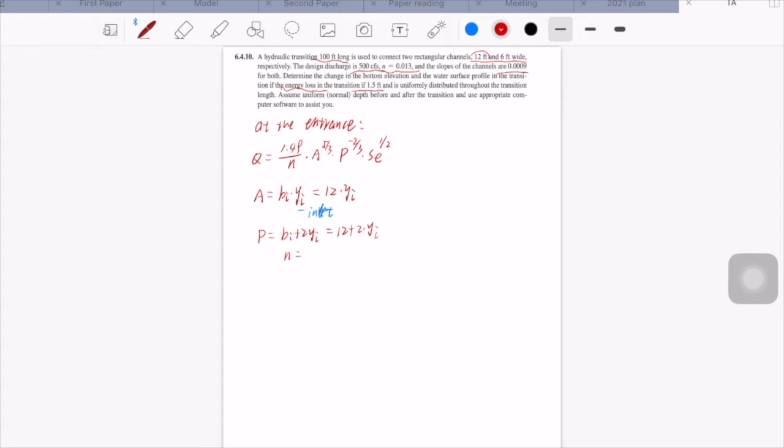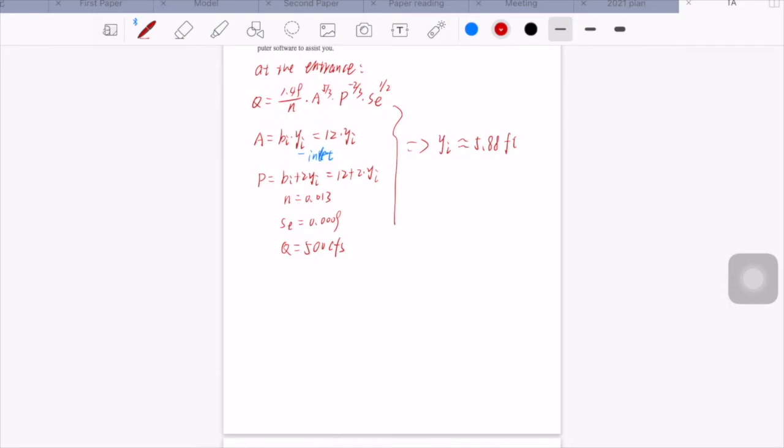We know n equals 0.013, S_E equals 0.0009, and Q equals 500 cubic feet per second. So we can determine y_i is approximately equal to 5.88 feet.